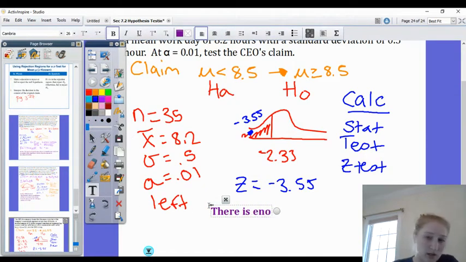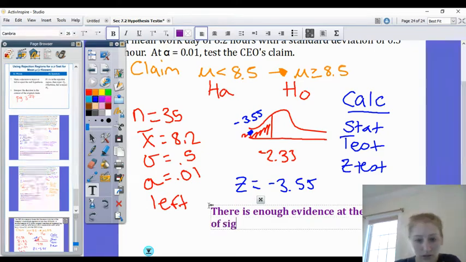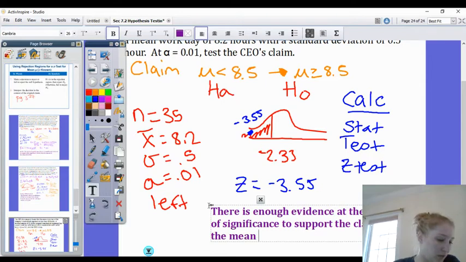There is enough evidence at the 1% level of significance to support the claim that the mean work day is less than 8.5 hours. And that's it, we're done.